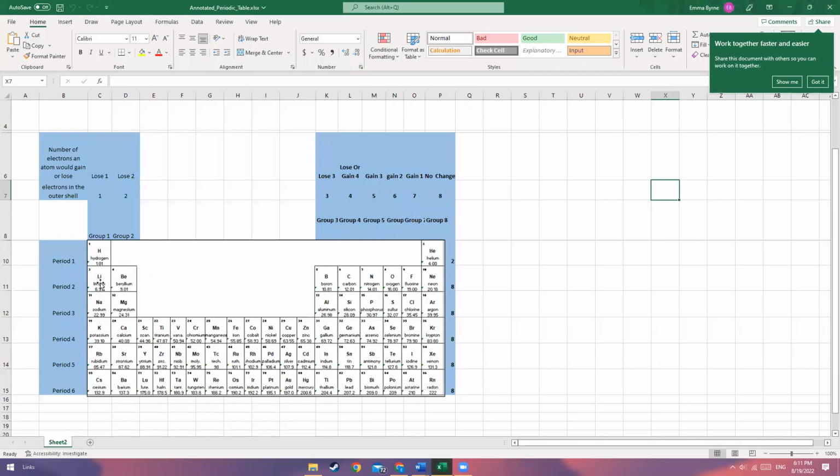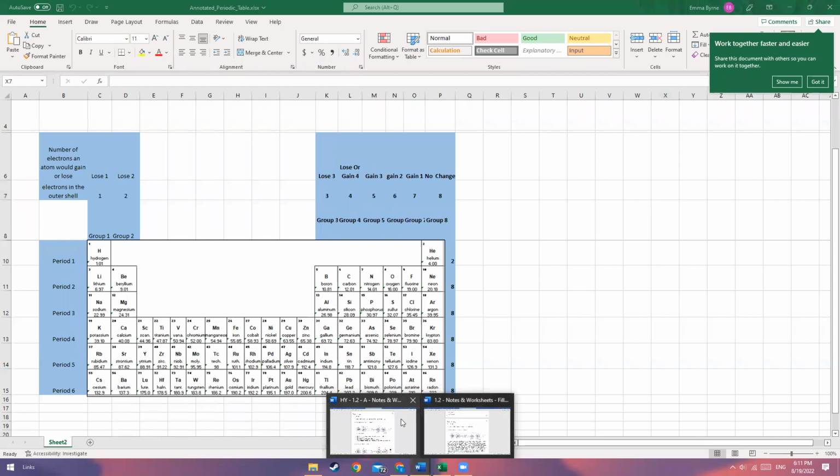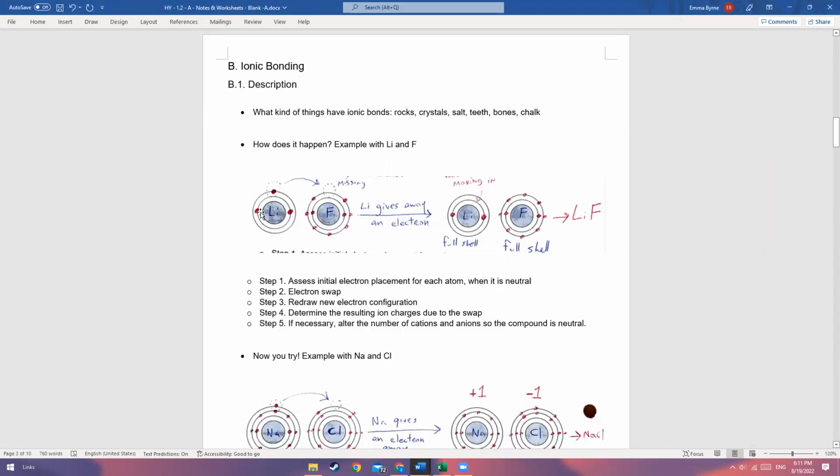So lithium, if we go back to our periodic table, it's got 3 protons. And in order for that to be neutral, it has to have 3 electrons, right? So if we head back to this diagram, you'll see that we have 2 electrons in the first shell and 1 valence electron in the second shell. And remember, when we say valence shell, that's always the outermost shell that contains electrons.